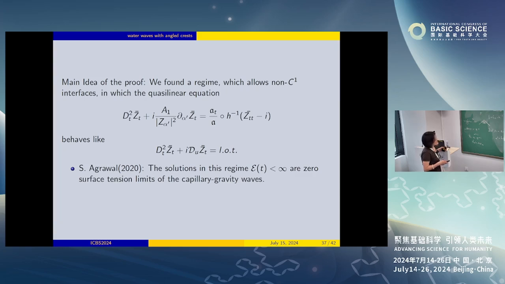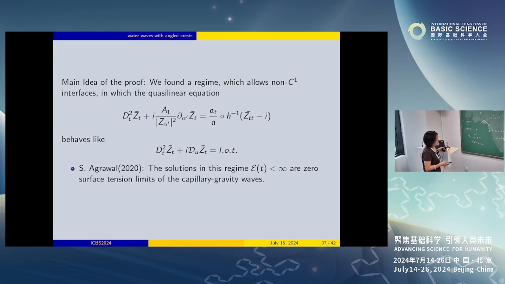But the main idea of the proof is that you really treat this derivative like this derivative, okay? So the main idea, we find the regime that allows non-C1 interfaces, which also allows C1, C infinity, just regular smooth interfaces as well, right?